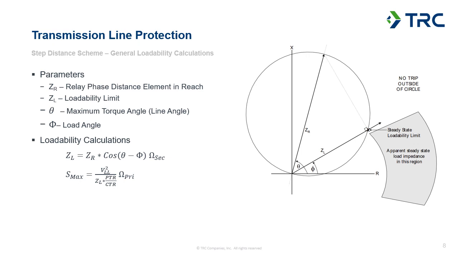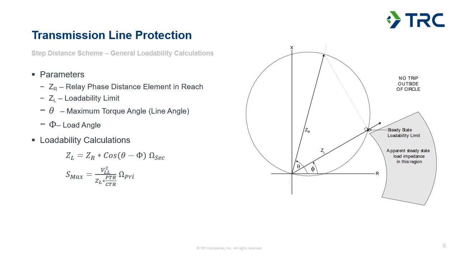So the parameters that we have on the figure there, ZR is your relay's phase distance element reach, and this would typically be your longest reaching tripping element. So if you've got an element that's going to operate to trip your line, you'll look at whatever the largest reach is, because that's going to generate the biggest circle and have the most likelihood that it would come into that load region.